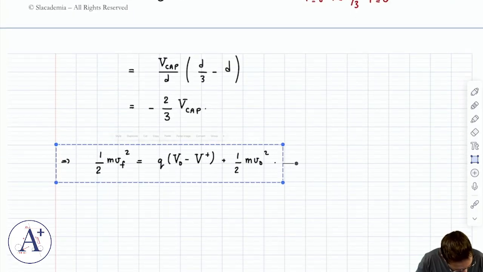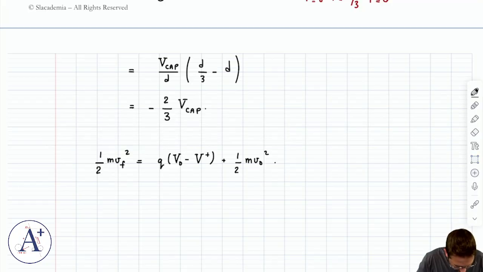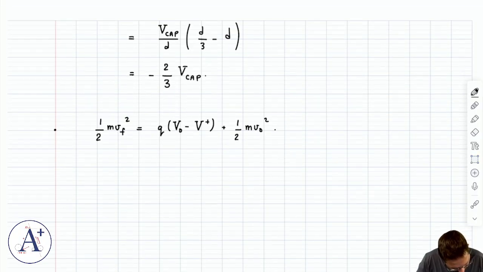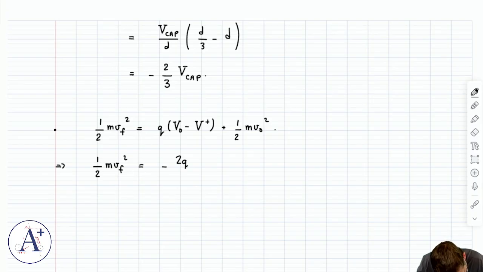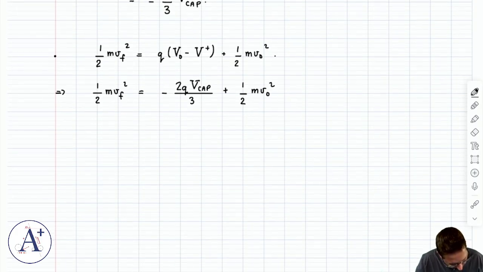All right. So then if we resume our conservation of energy, we can say that 1/2 m v final squared is equal to, well, q times this delta V. So minus 2q V cap over 3 plus 1/2 m v0 squared.